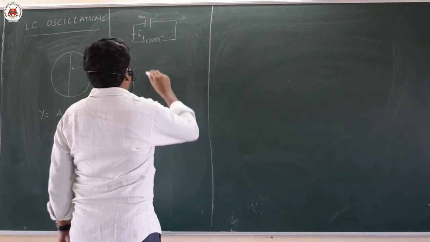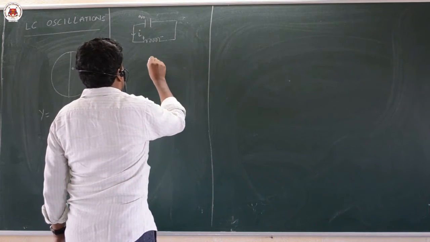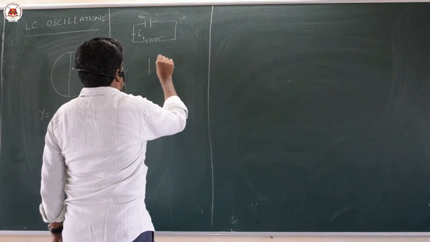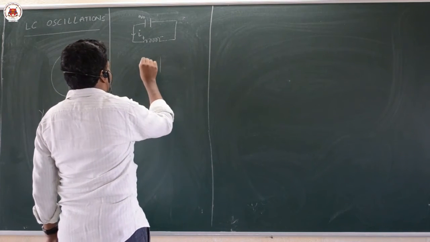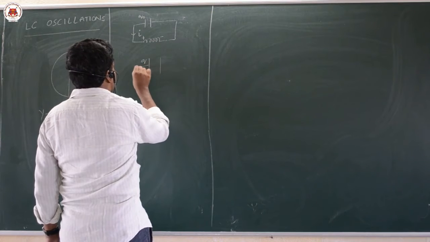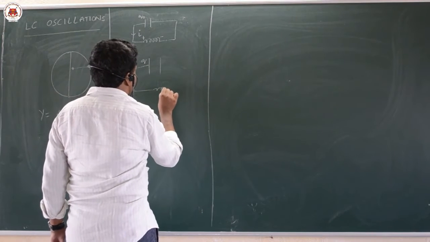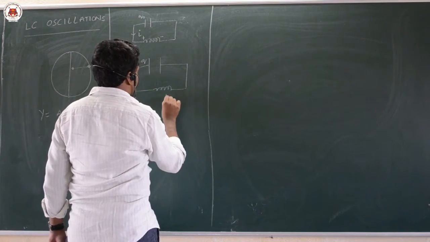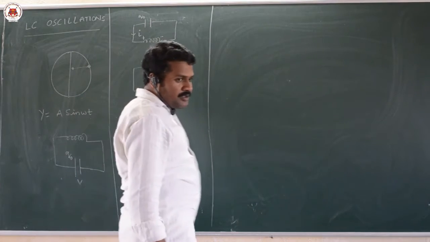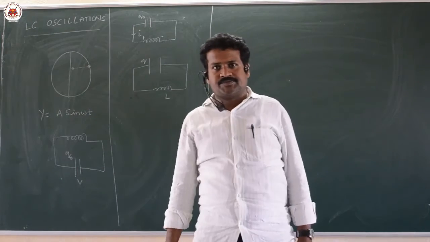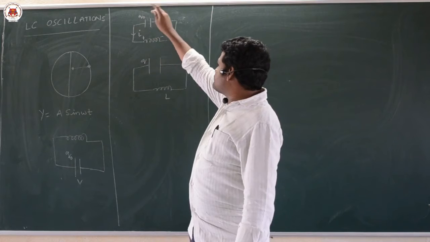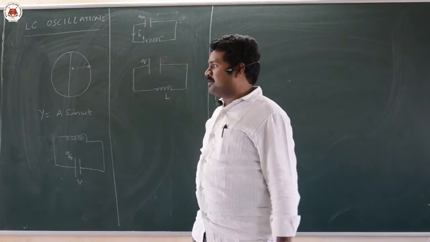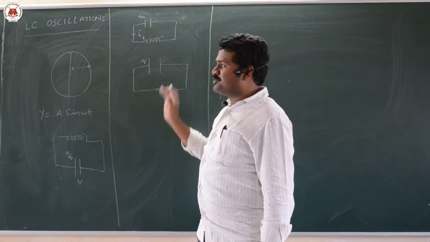Now slowly what happens? Charge, instead of Q naught, reaches Q. Some current is flowing across the inductor of inductance L. Initially the energy was associated only with the capacitor, that is Q naught square by 2C.